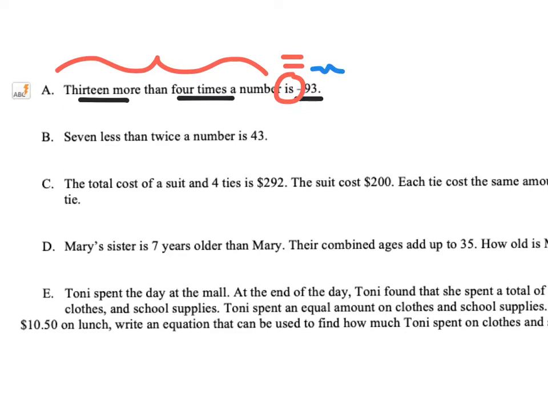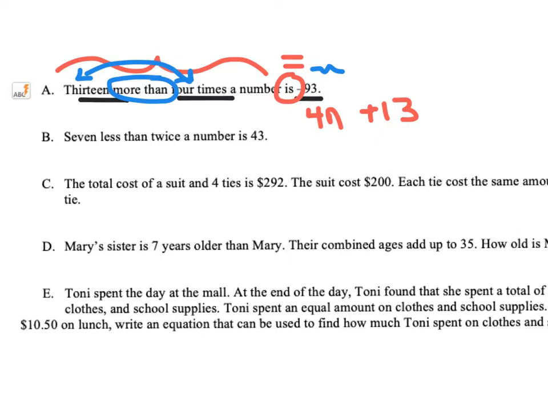Now remember that more than and less than are our turnaround words. So they switch the order of the two things on either side. So it says 13 more than 4 times a number. So what we would have is we are adding 13 to 4 times the number.